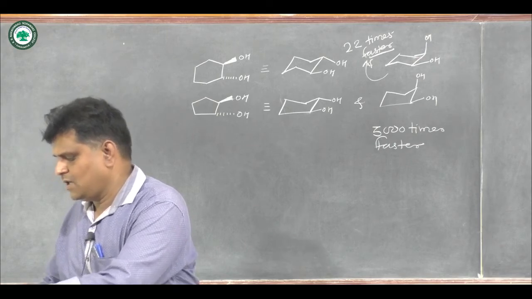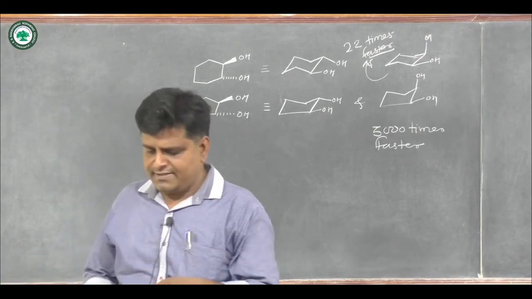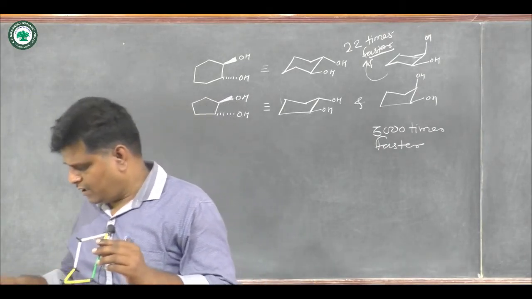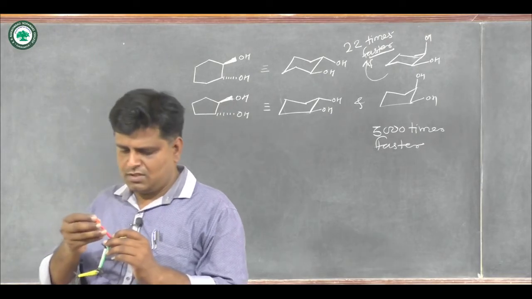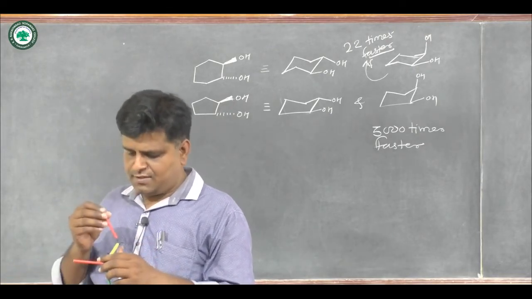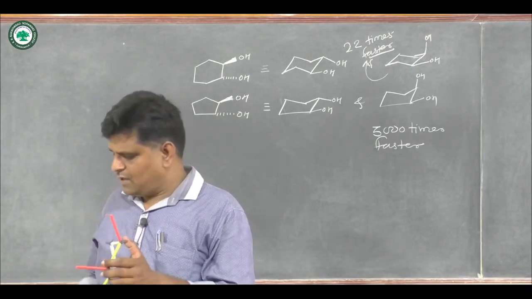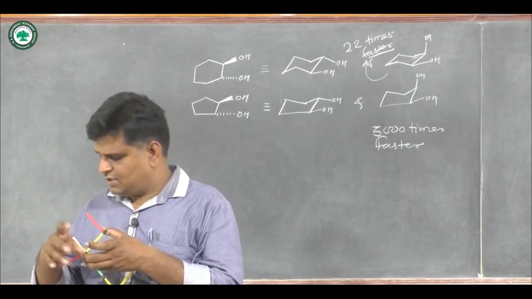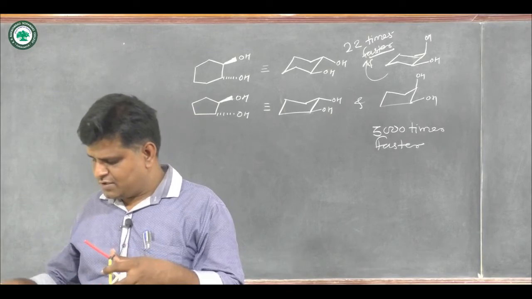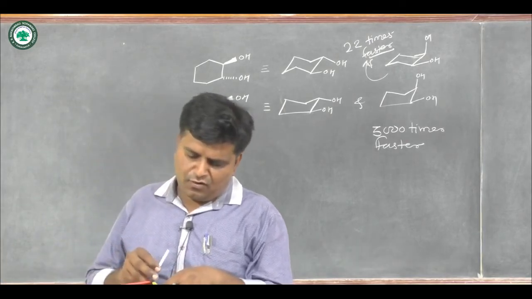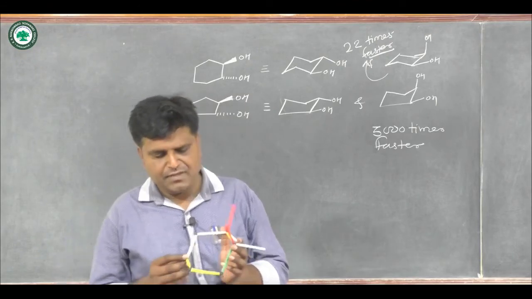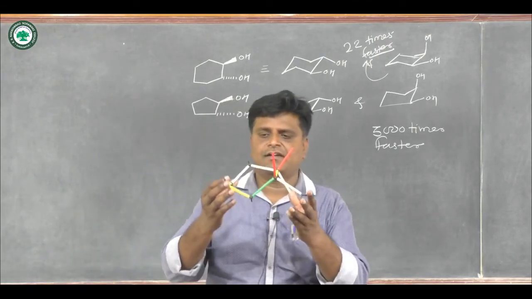Okay, this is 6-membered cyclohexane which is in chair form, and suppose we have the cis isomer. Okay, like this. Suppose this red color bond represents the hydroxyl group and white color bond represents the position of hydrogen.